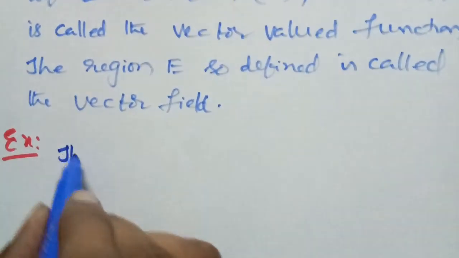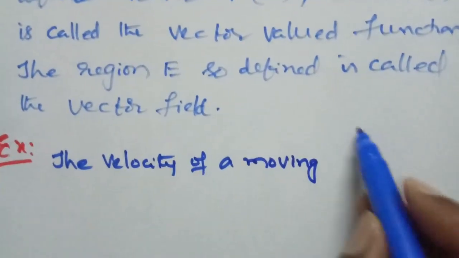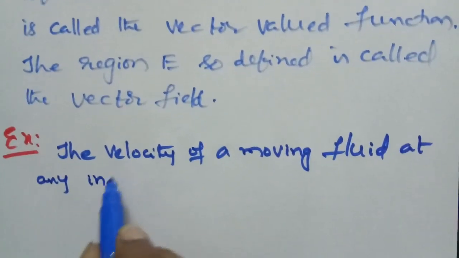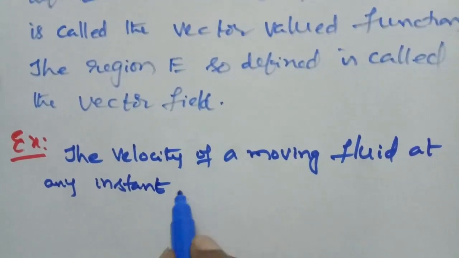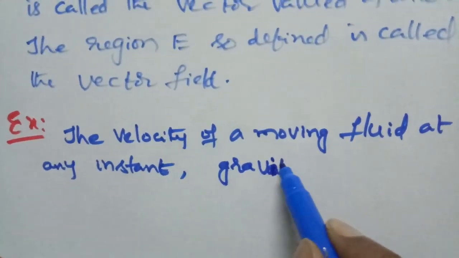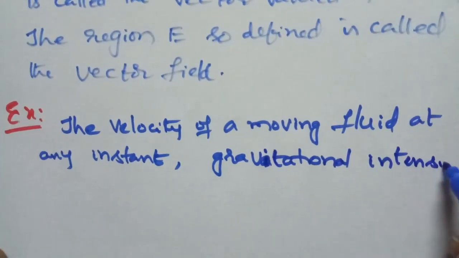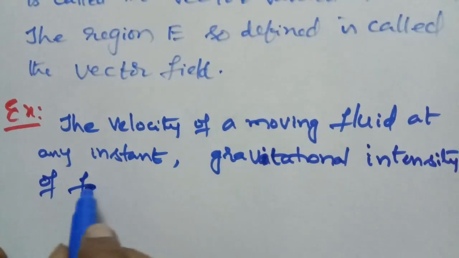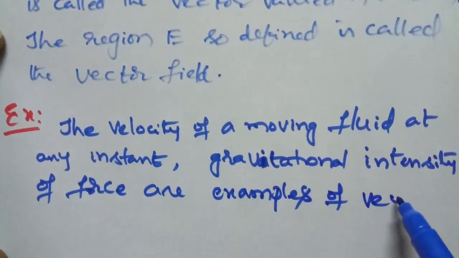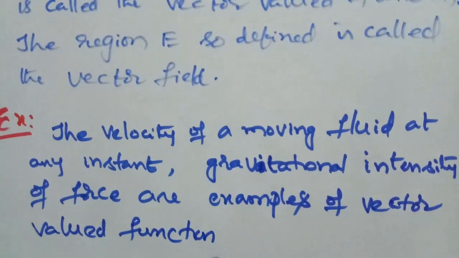The velocity of a moving fluid at any instant, gravitational intensity of force are examples of vector valued functions. Like this we can say more number of examples.